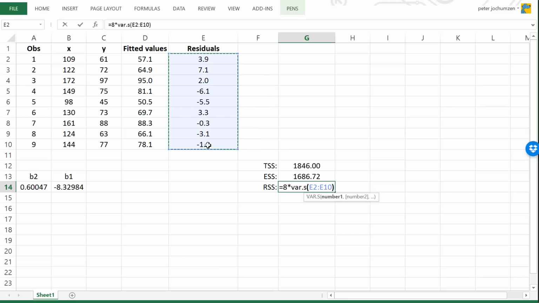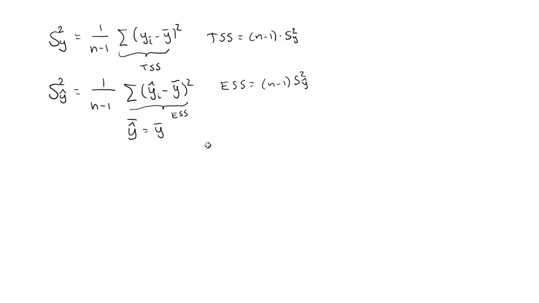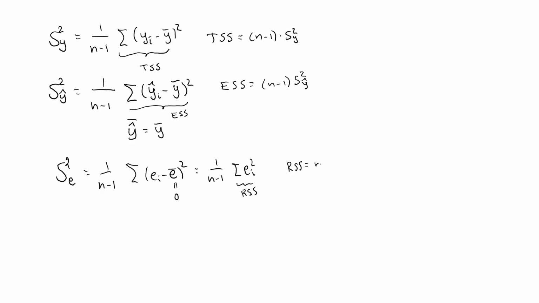This will be exactly the same as the sum of squares of the residuals. And the reason for that is, of course, that the sample variance of the residuals, by definition, is 1 over n minus 1 times the summation of (ei minus e bar) squared. Well, we know that e bar is 0, so this is 1 over n minus 1 times the summation of ei squared. This is RSS. So we can also write it like this: RSS is n minus 1 times the sample variance of the residuals.